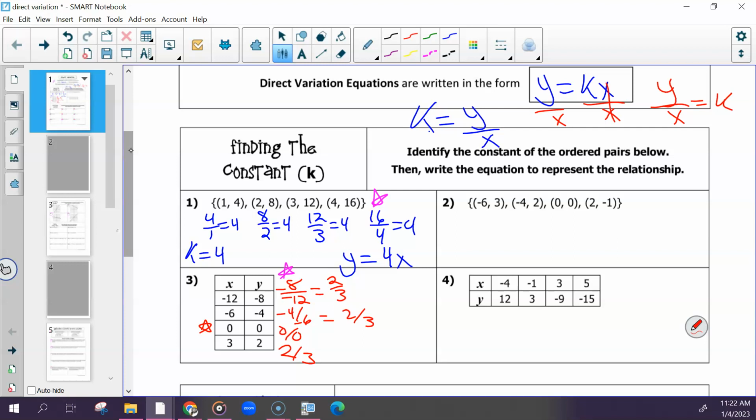K is like m, y and x are in their right place. What would our b value be?